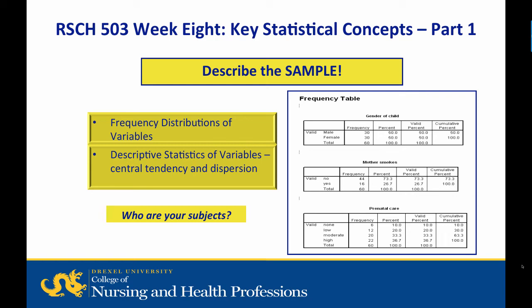In this slide, we see an SPSS frequency table of 3 variables: gender of child, girl or boy, nominal level; does the mother smoke, yes or no, nominal level; and prenatal care, none to low to moderate to high, ordinal level. This snapshot shows the frequency, percent, and cumulative percent of each variable.